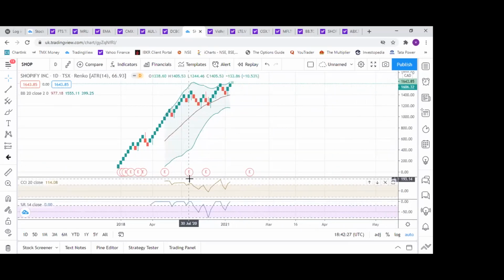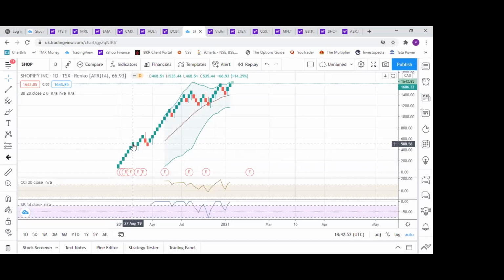Now Renko is a different pattern altogether. Renko always moves in blocks. The block is the size of the ATR, the average range of your price for that stock. Minute you have a green, it will go up, it's climbing, right?